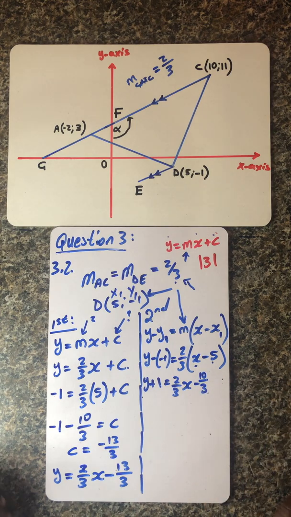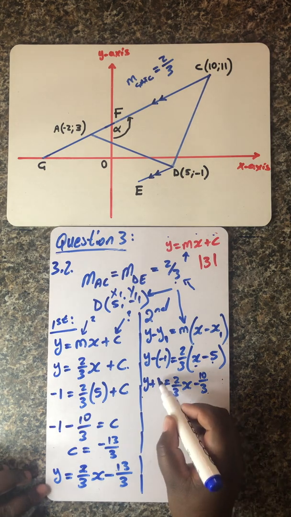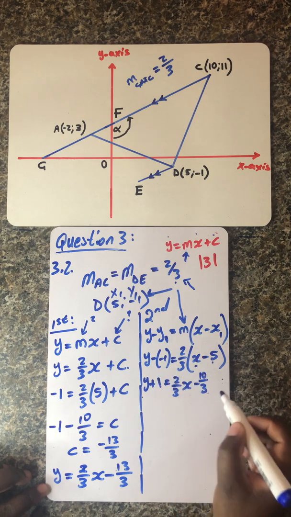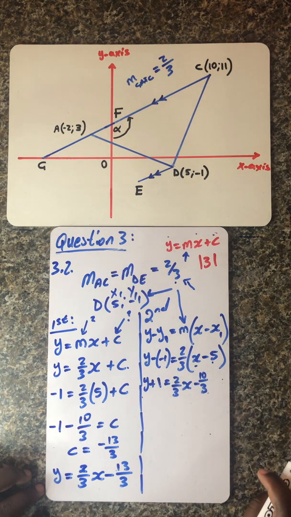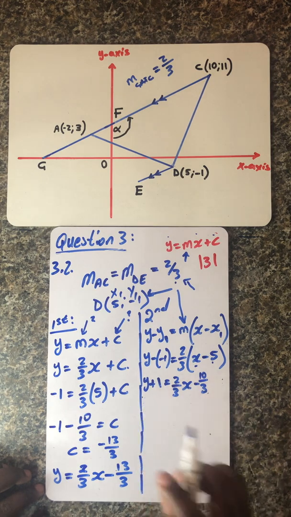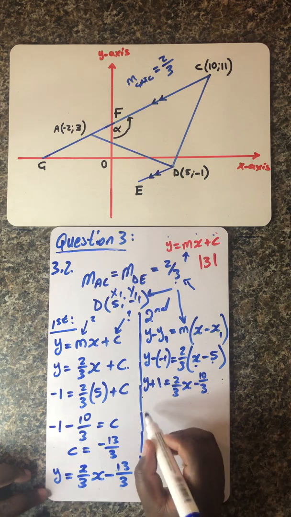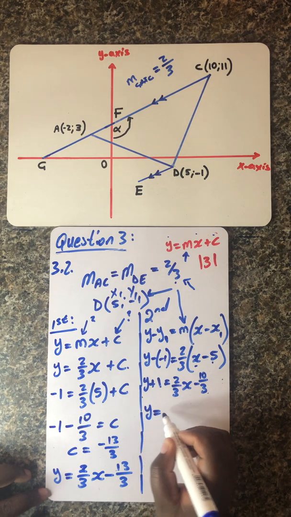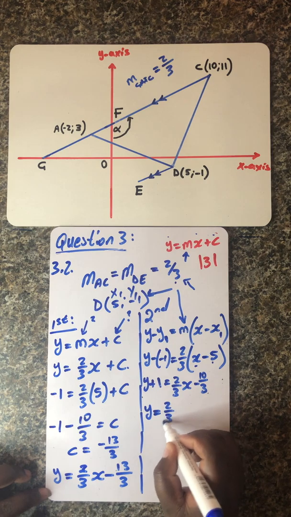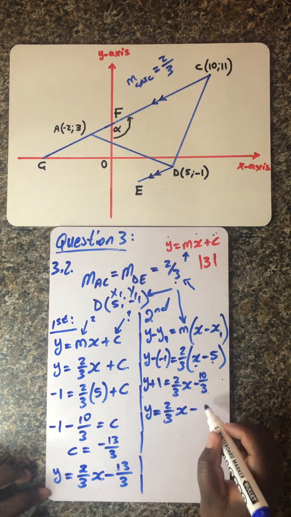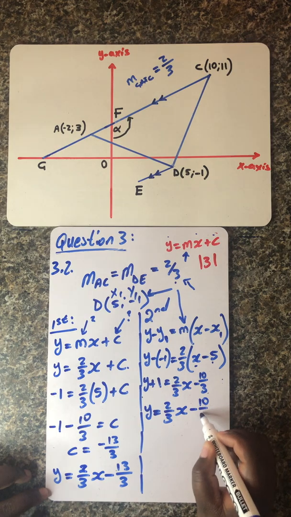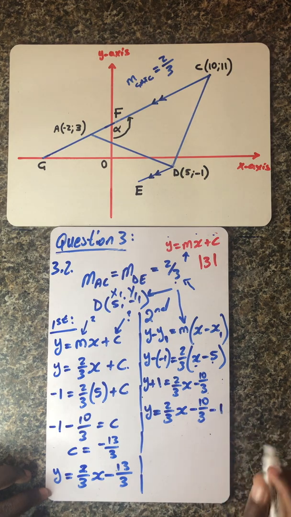Okay guys, I assume so far you fully understand what's going on. Now you just move that positive 1 to the other side of the equation, so that you've got y on the left side. So that means you've got y equals 2 over 3x minus 10 over 3 minus 1.